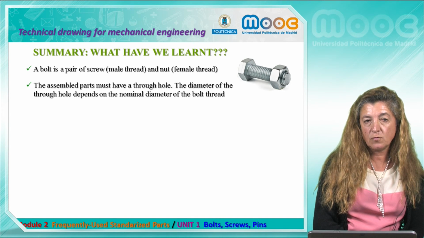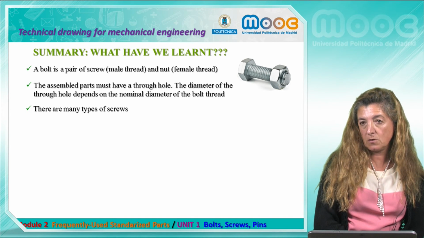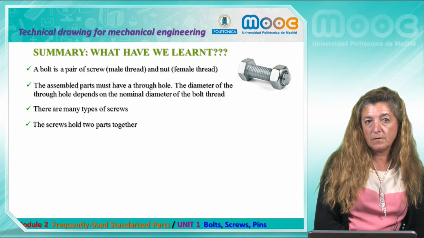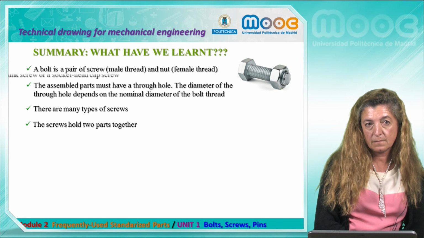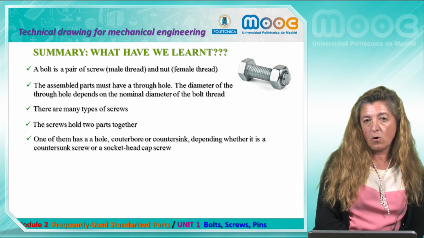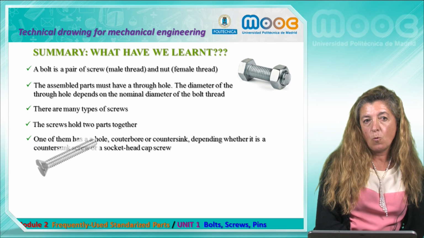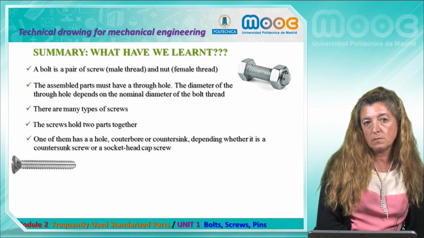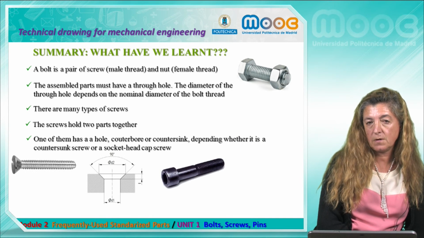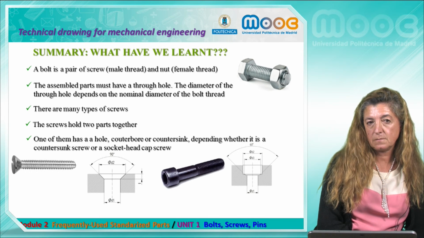The diameter of the through hole depends on the nominal diameter of the bolt thread. There are many types of screws. The screws hold two parts together. One of them has a hole, counterbore or countersink, depending whether it's a countersunk screw or a socket head cap screw. You can see here both types.